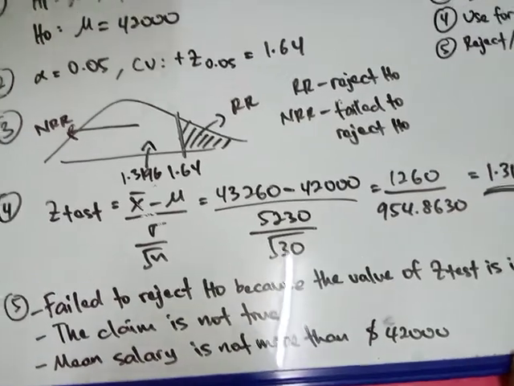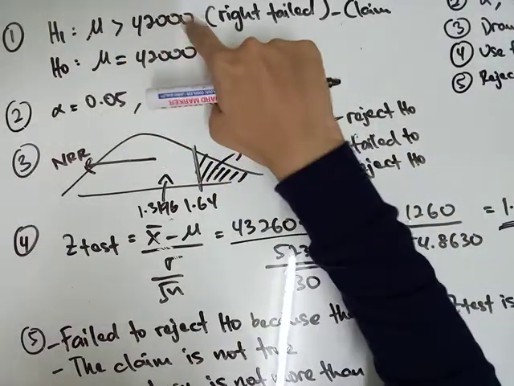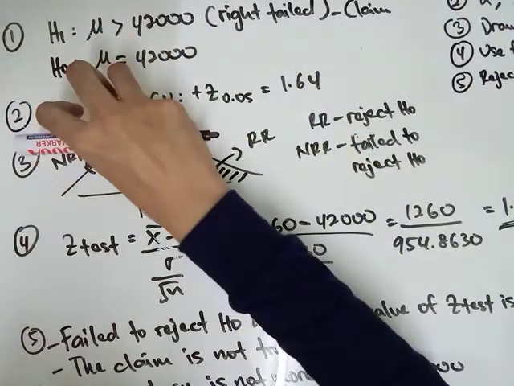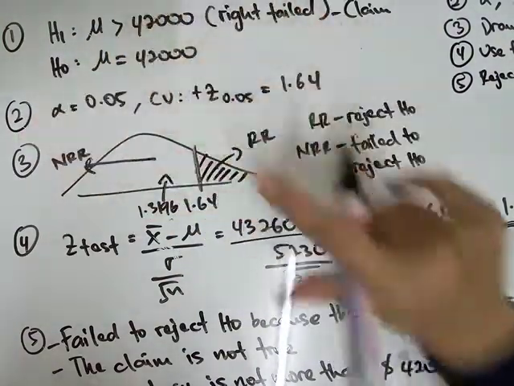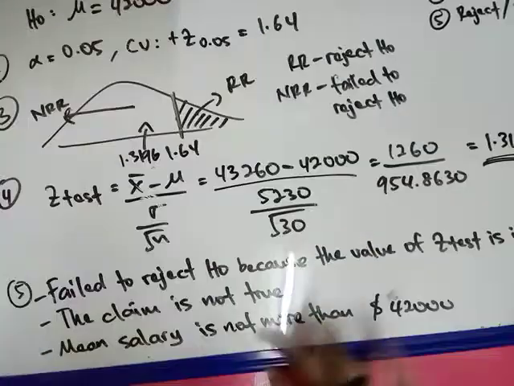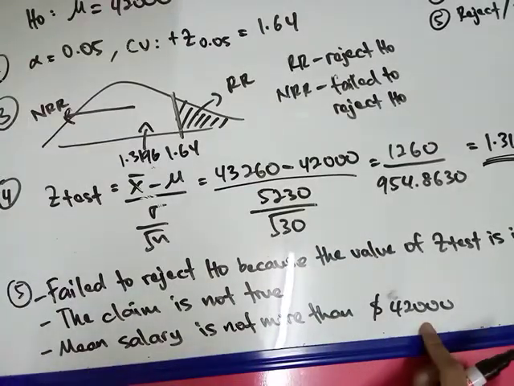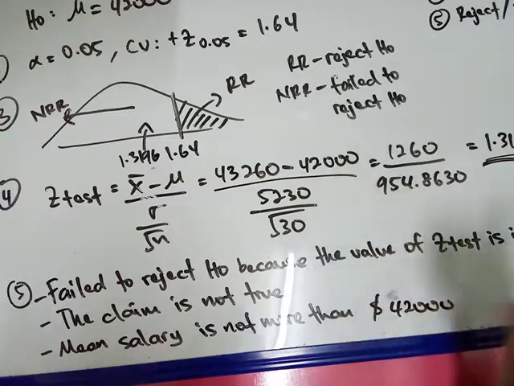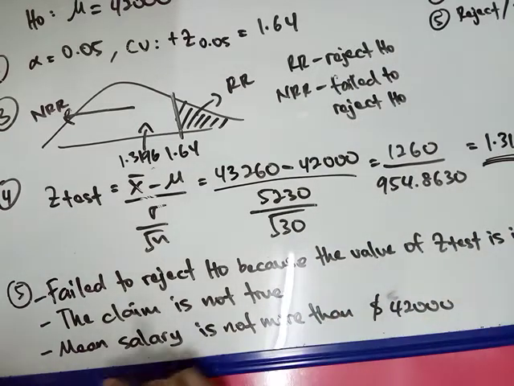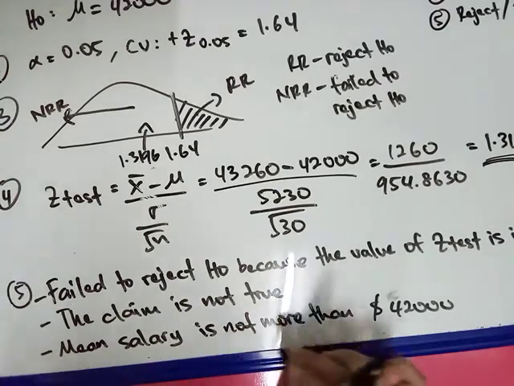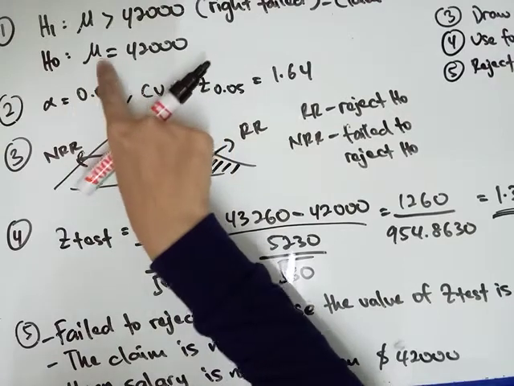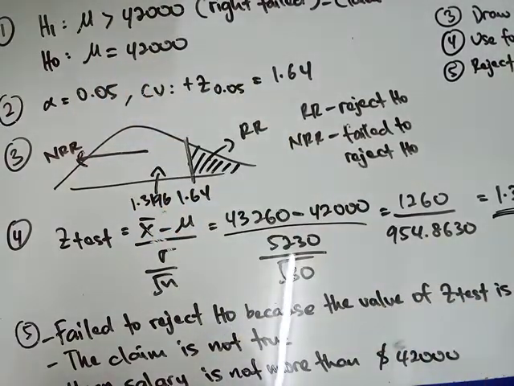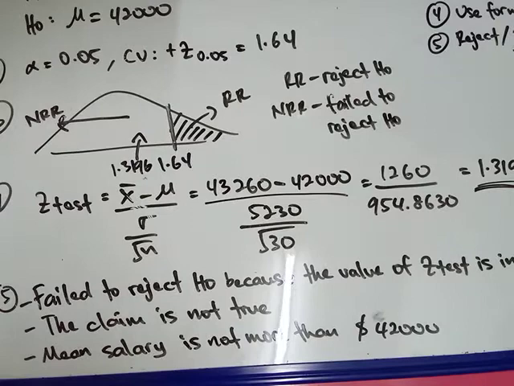Sebab yang ni kan lebih 42,000 kan. Bila kita accept H-note, that means yang claim H1 ni is not true. So kita opposite lah. Mean salary is not more than 42,000. Maksudnya gaji assistant tu tak lebih daripada 42,000 pun. Okay, ataupun you can say that the mean salary is equal 42,000. Sebab kan kita accept H-note, right? So it is equal 42,000. Also can. Awak boleh conclude macam tu.